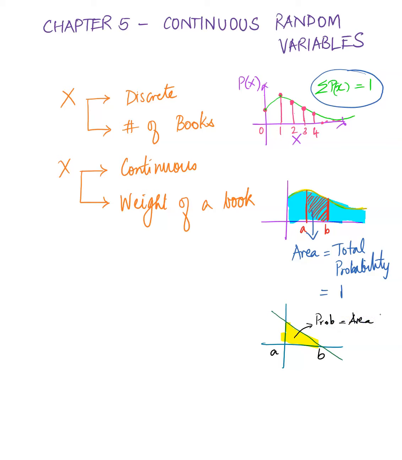And the area here is the same as the area of a triangle, which is coming from geometry. So half times base times height. So if you know the base, which is basically your b minus a, right? That's the distance here, b minus a. And the height, if I know what this value is, depending on what the function is and all that, we can use math and geometry particularly to help us come up with this height. And then enter it here, and your probability will actually be the area of this triangle. So if we know the shapes, well and good.